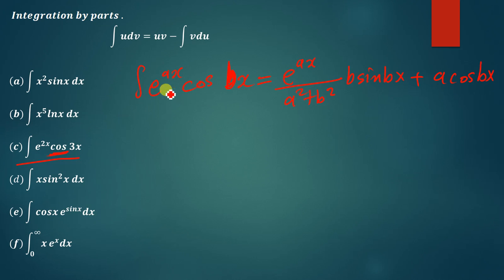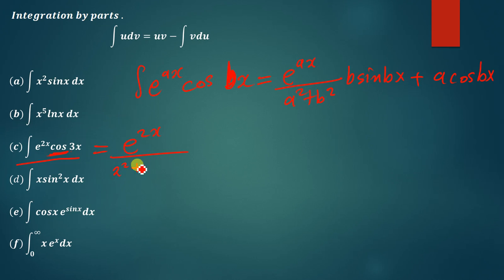In this case, the value of a is simply 2, so I'm going to replace a with 2. I'm going to have e to the power 2x, and then everything over a squared plus b squared. My b is 3 and my a is 2. So let me write it so that I don't confuse people here.